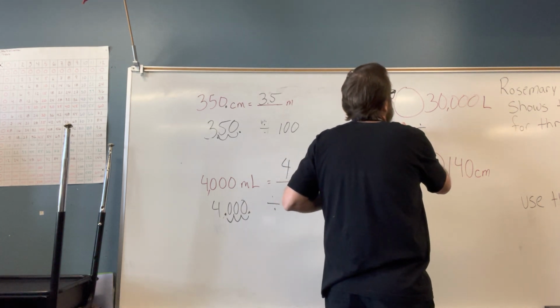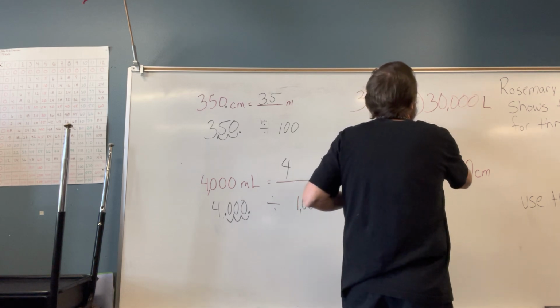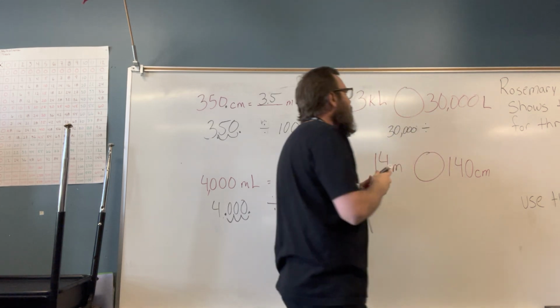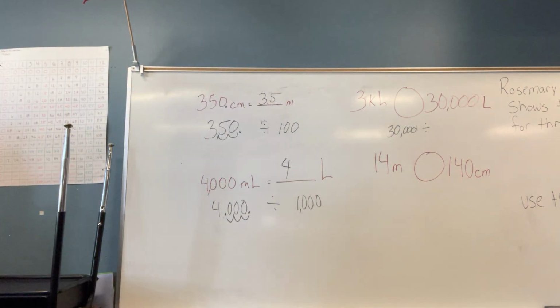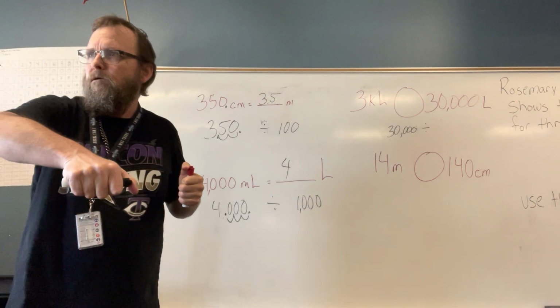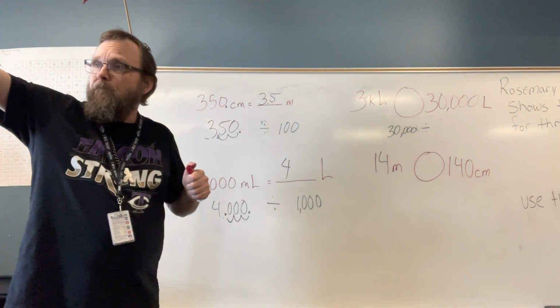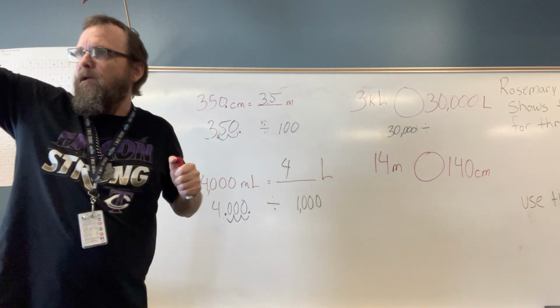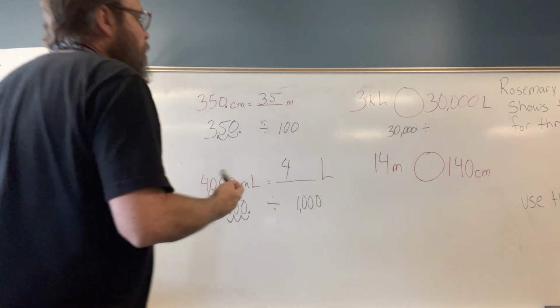So we're going to have 30,000 divided by how many liters are in a kiloliter? Since that's on there, how many meters in a kilometer, Riley? 1,000 meters in a kilometer.